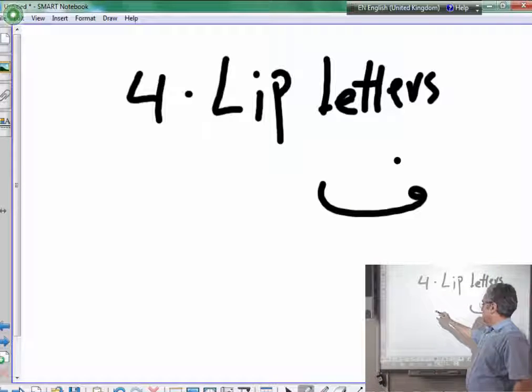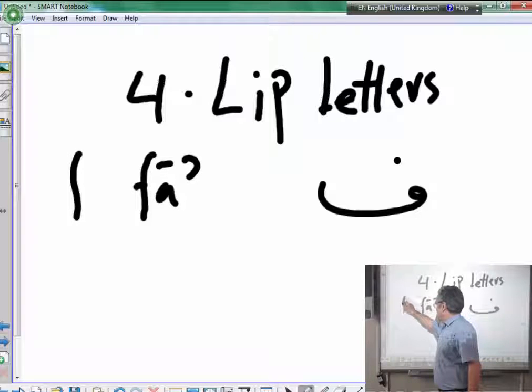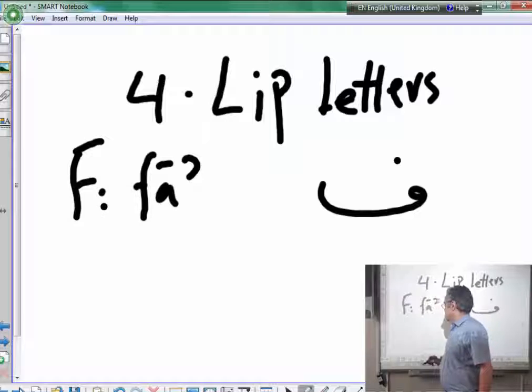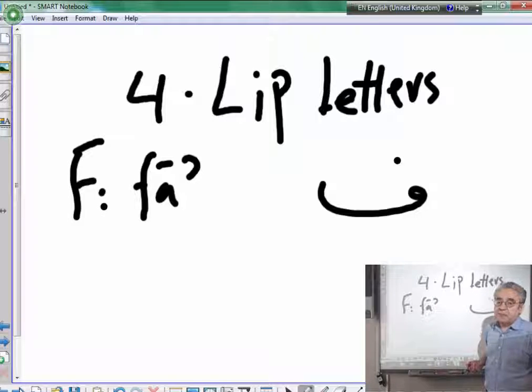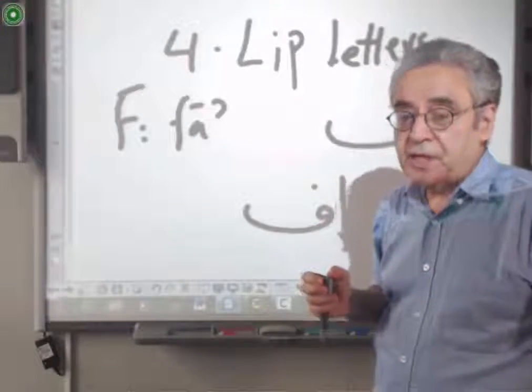It is written fa, maybe equivalent to English F. F. In Arabic, we can say that this letter is emitted by pushing the upper teeth to the lower lip. You can say, for example, say it with me, if.